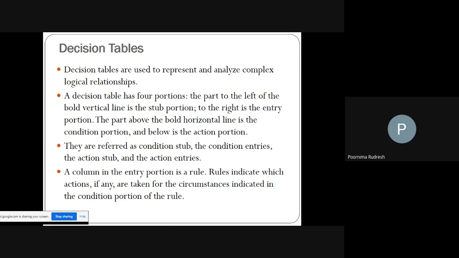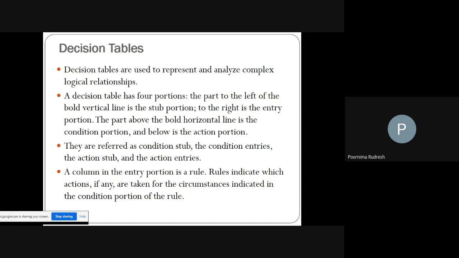Decision tables are used to represent and analyze complex logical relationships, and they have been used since the early 1960s.